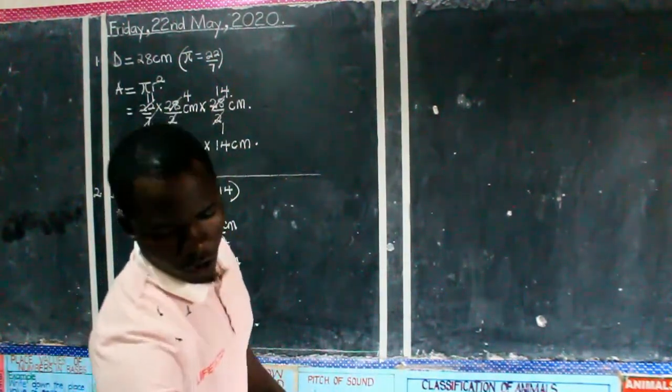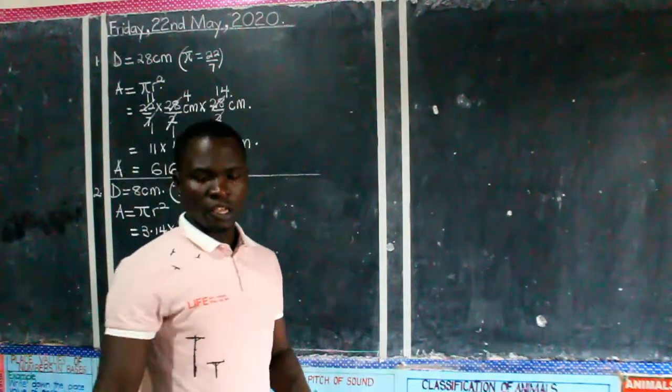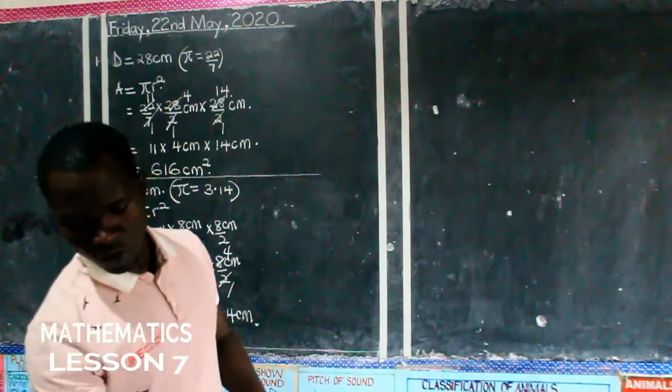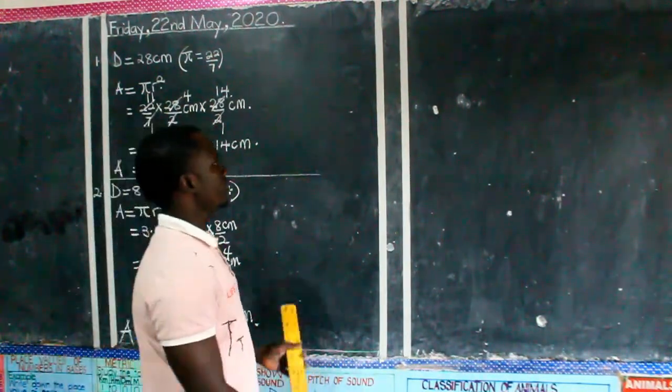Today, we are going to look at something else, and that is finding the area of a circle when the circumference is given.